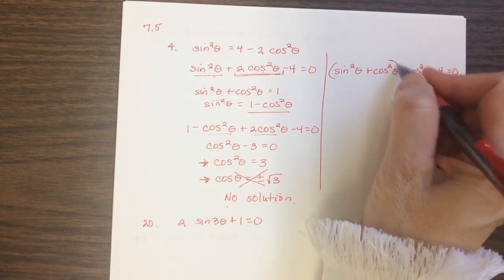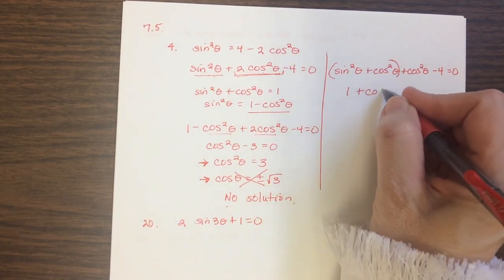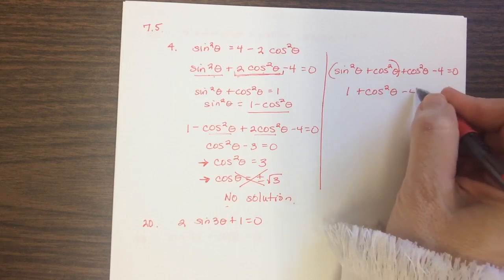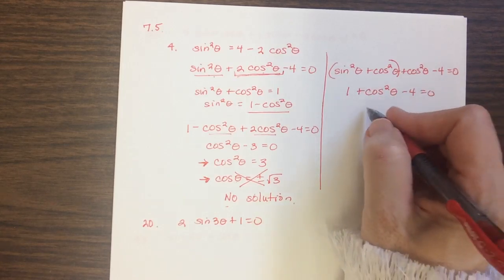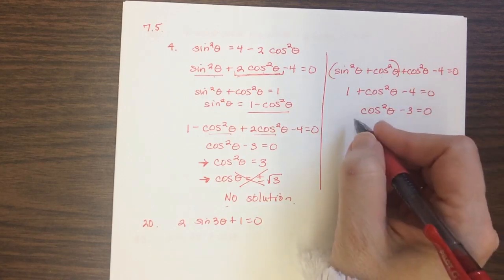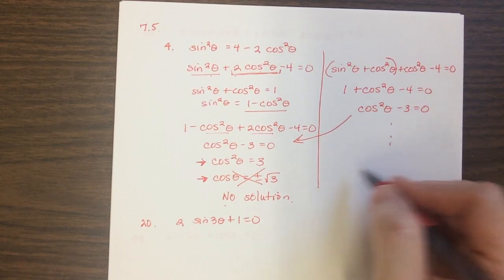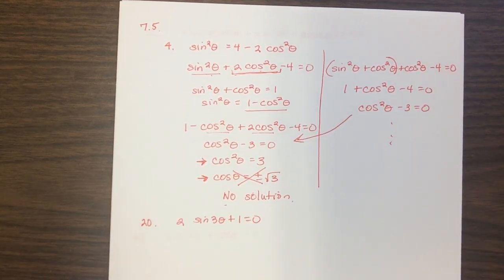Well, here, I know that is 1. And when I combine my like terms again, I get cosine squared of theta minus 3 equals 0, and I'm back to where I was there. And so that continues, and you would see either way that there's no solution to that particular problem.